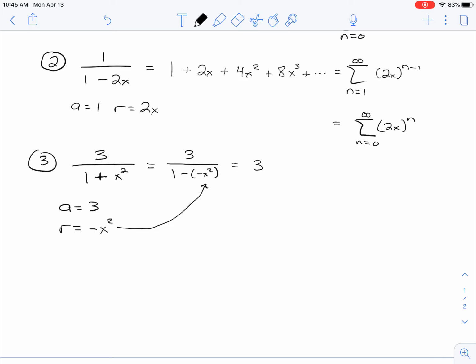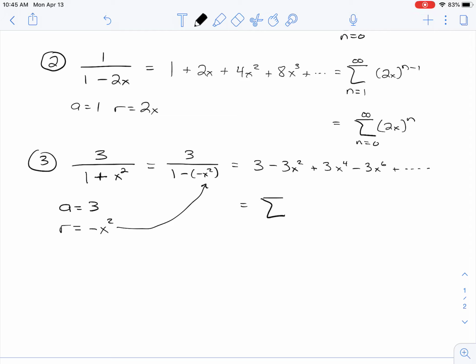So I could write this out as 3 plus, multiply that by negative x squared. So that's actually, let's make it 3 minus 3x squared plus 3x to the fourth minus 3x to the sixth, etc.